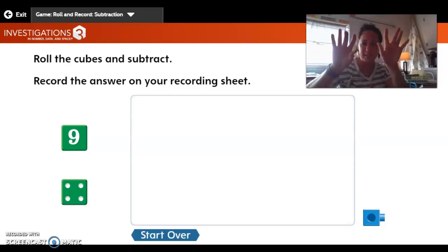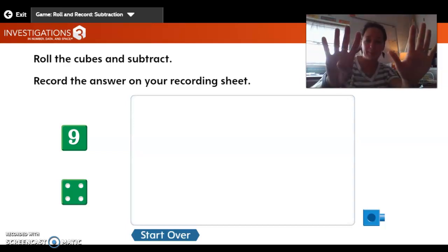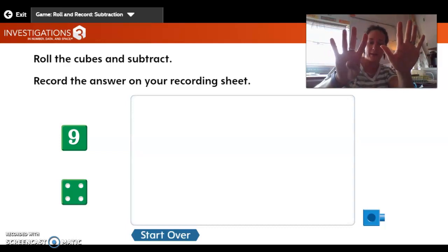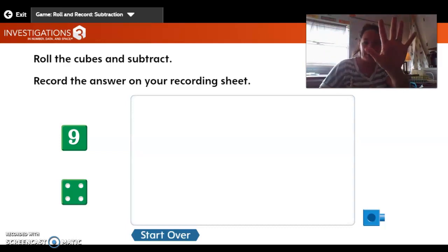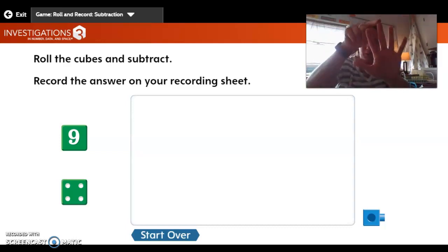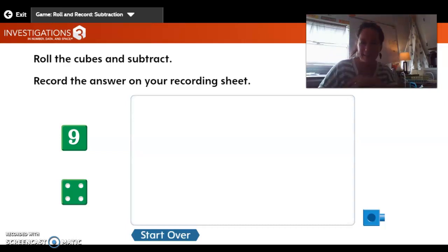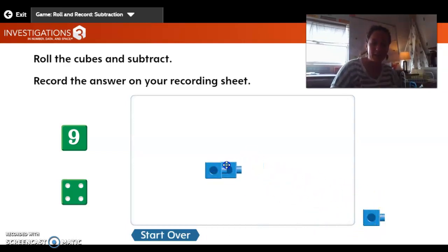One strategy to use is a number line. Can I use these guys? Absolutely. So I put 9 fingers up, and I take how many away? 4. How many do I have left? 1, 2, 3, 4, 5. So a ton of different strategies to use in order to solve. Also down here on your roll and record, what are these little guys? You're connecting cubes.